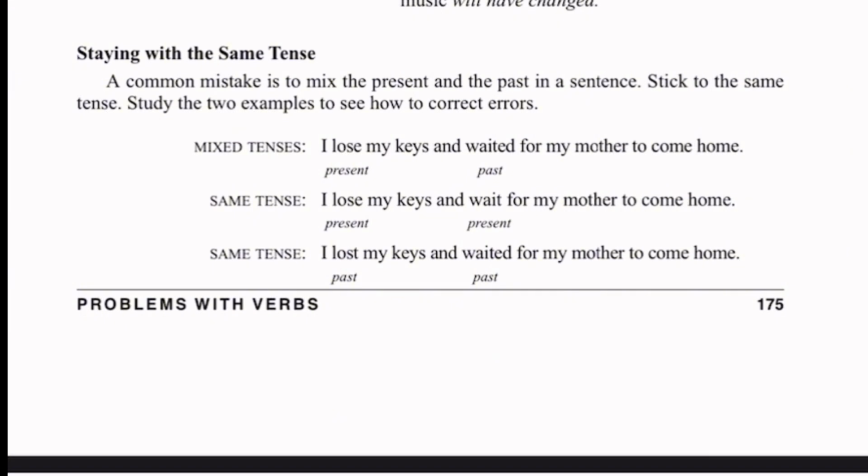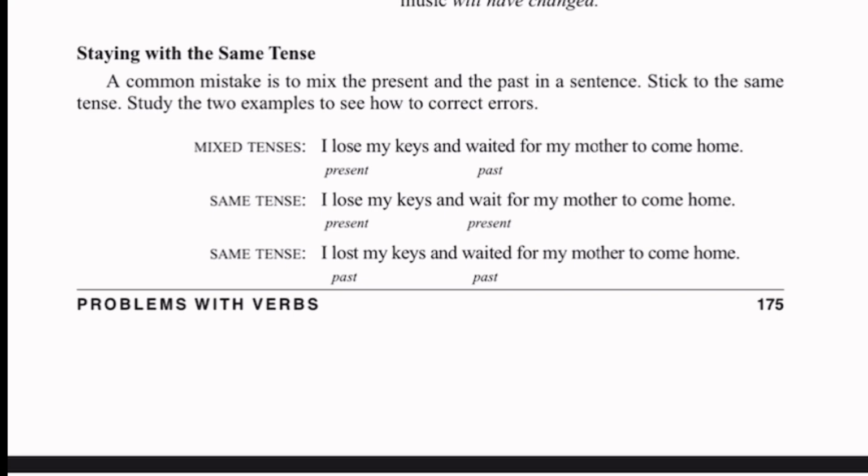I lose my keys and waited for my mother to come home. No, if you want to use past, use past. If you want to use present, use present. For example, using present, I lose my keys and wait for my mother to come home. If it is past, I lost my keys and waited for my mother to come home.